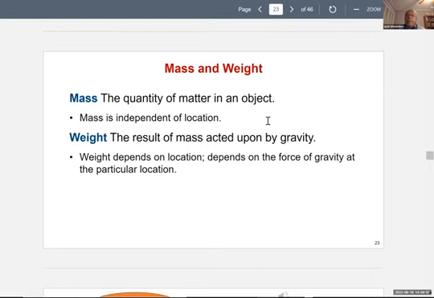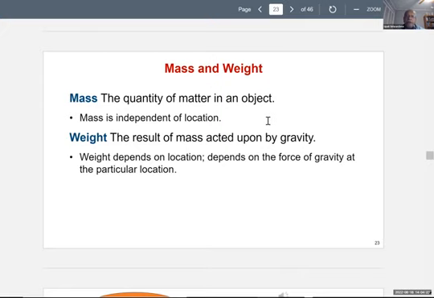So therefore weight depends on the place where you live, high elevation or whatever it is, in a different planet. Mass is fixed. Mass is measured using a balance.